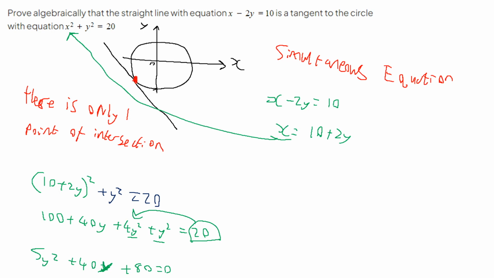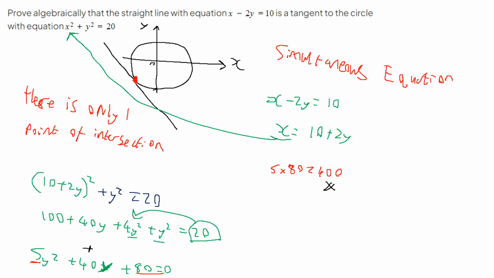And now let's factorize this equation. We have to multiply these two: 5 times 80 is equal to 400. So now let's think of two numbers that add to make 40 but multiply to make 400. 20 and 20.